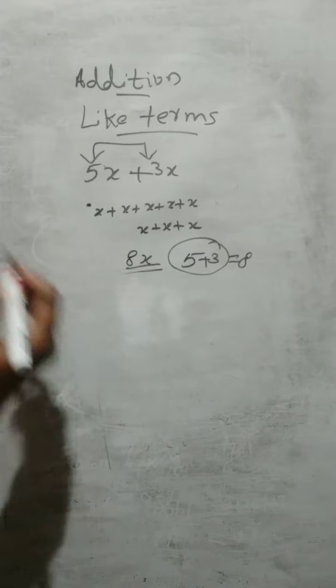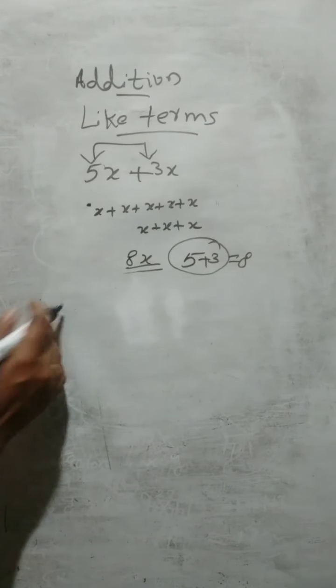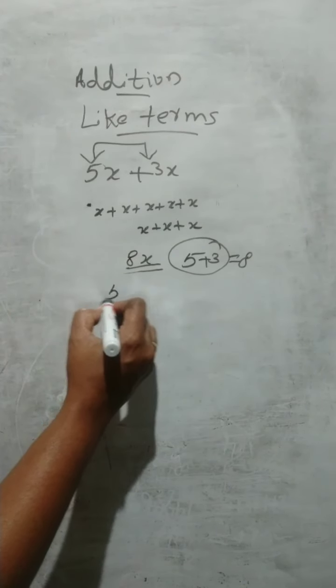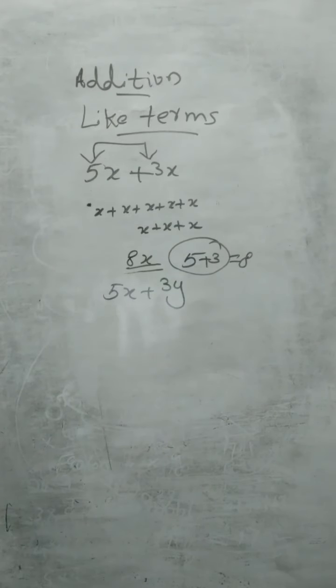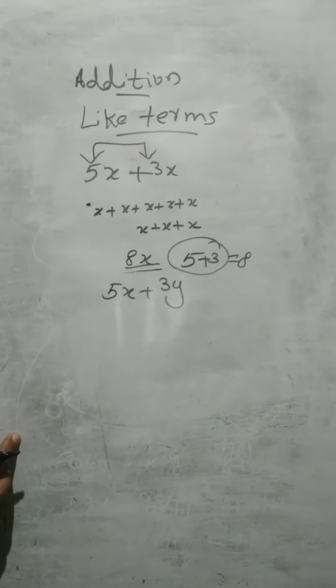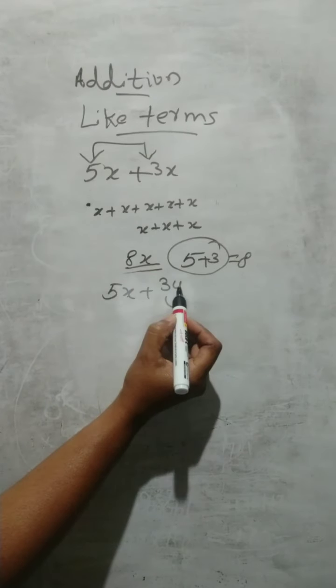But in unlike terms, 5x and 3y, these are unlike terms, that is x and y.